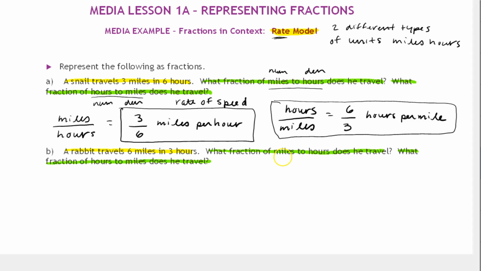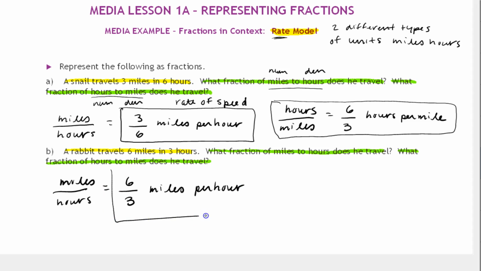Okay. So miles to hours for the rabbit is going to be 6 miles in 3 hours. 6 miles, 3 hours. So this is the miles per hour. And now we can say that if you divide 6 by 3, we know this is 2.